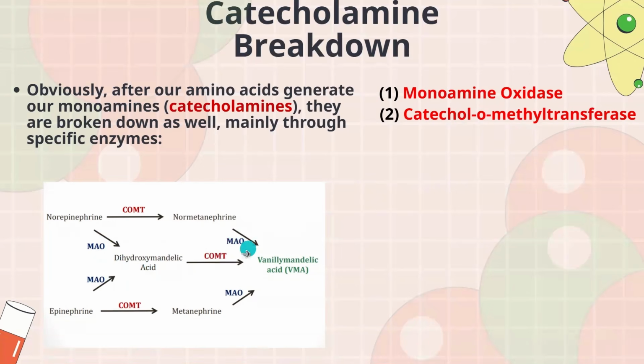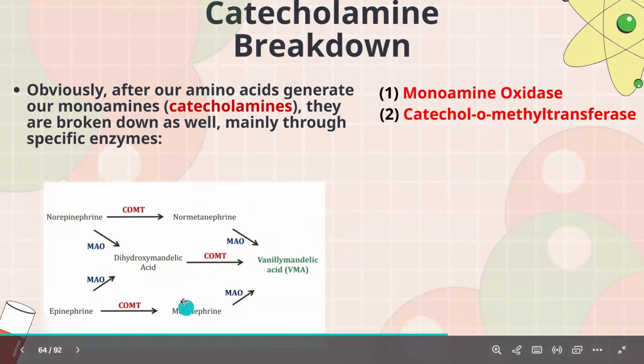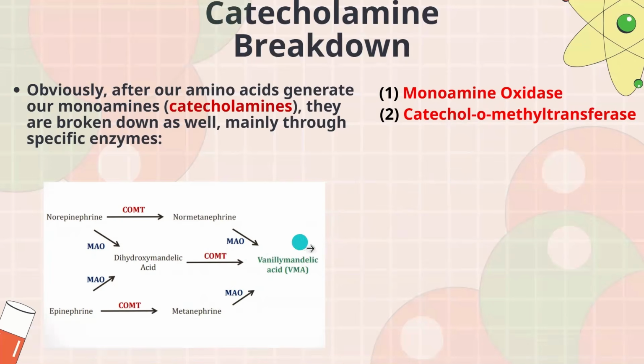Then it's going to undergo catechol-O-methyltransferase, and eventually form vanillylmandelic acid. This is one way to do it. Another way is that catechol-O-methyltransferase is going to form normetanephrine and metanephrine. These are important, by the way. They're going to eventually undergo monoamine oxidase to form vanillylmandelic acid. So here it's like the byproduct.